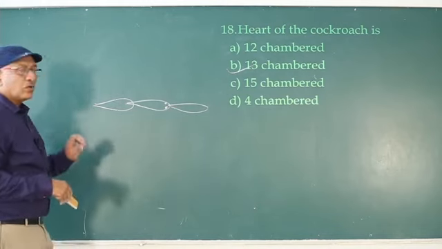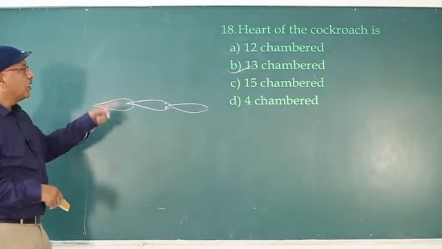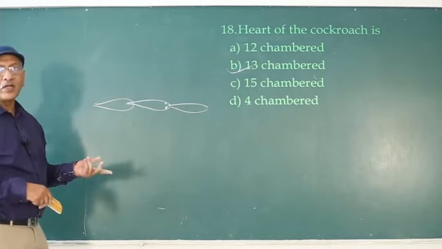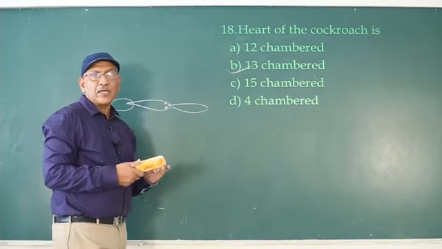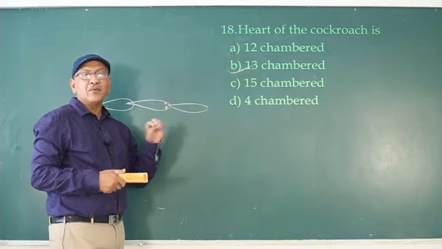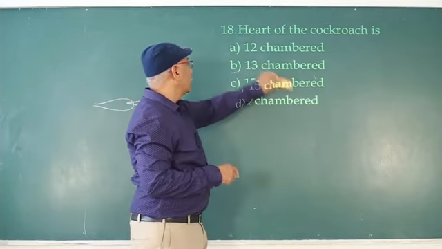So each thoracic segment contains 1 chamber, each abdominal segment contains 1 chamber. Thorax contains 3 segments, abdomen is in the form of 10 segments. So a 13 chambered heart is present in cockroach.